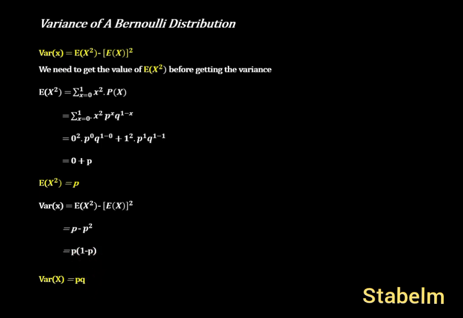E of X, that is the mean of the Bernoulli distribution, is p. Therefore, the variance of the same distribution is pq, that is the probability of success multiplied by the probability of failure.